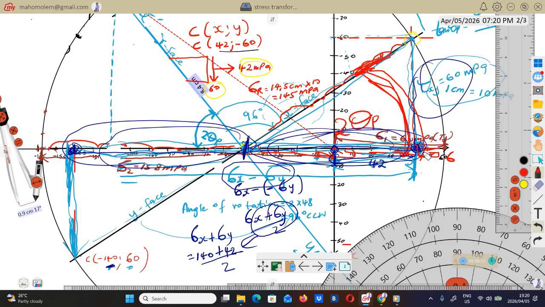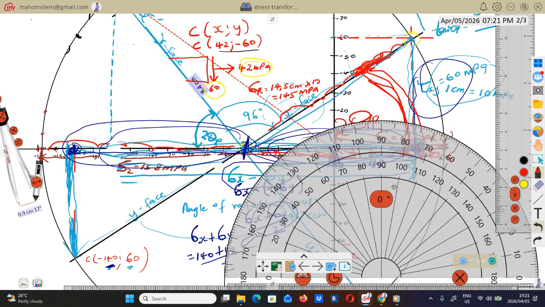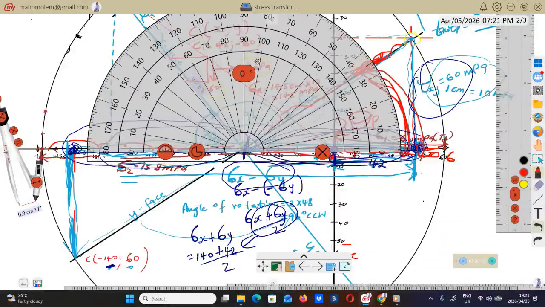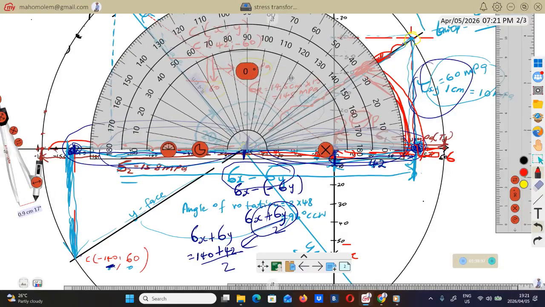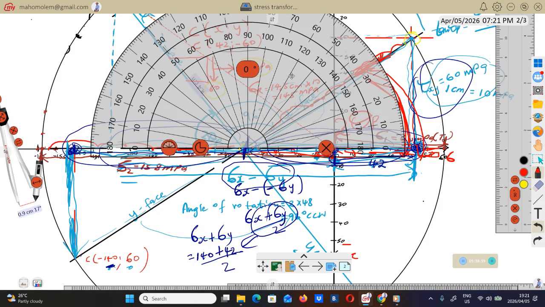So to move the black line from here to there on the Mohr circle, you must rotate it clockwise, at an angle of 33 degrees.